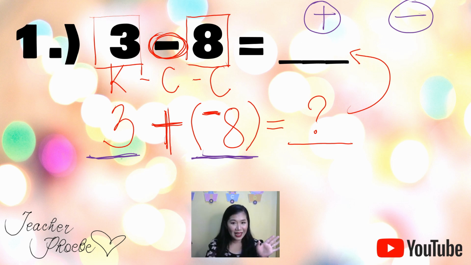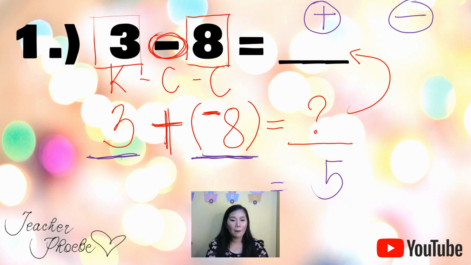Ibawas natin yung 3 sa 8. I-disregard muna ang sign, ha? Bawas muna natin yung 3 sa 8. Ano ba ang sagot? Correct. That is 5. Then, pagkabawas natin, ang sunod mong gagawin ay sundin yung sign ng mas mataas na integer.